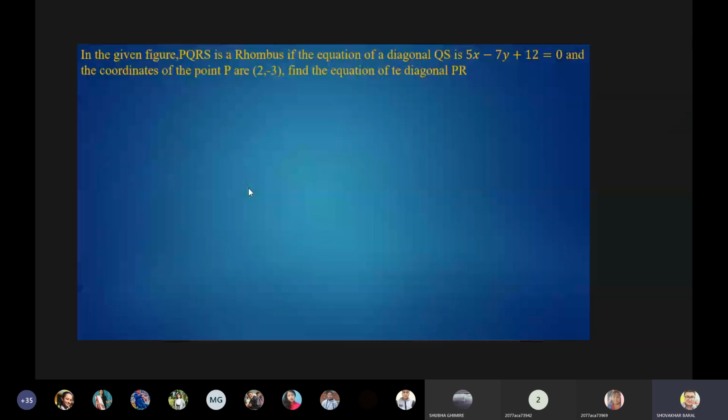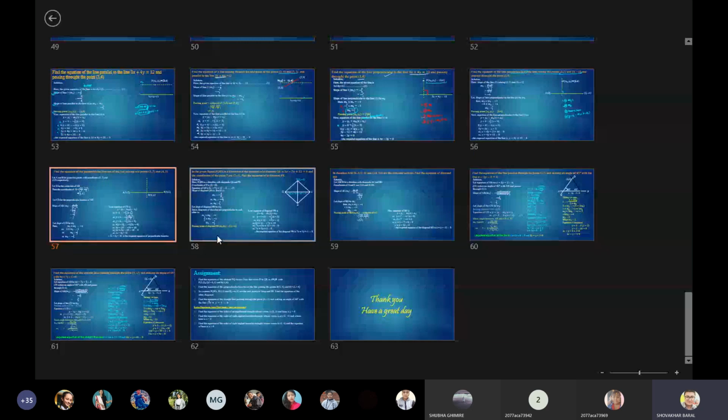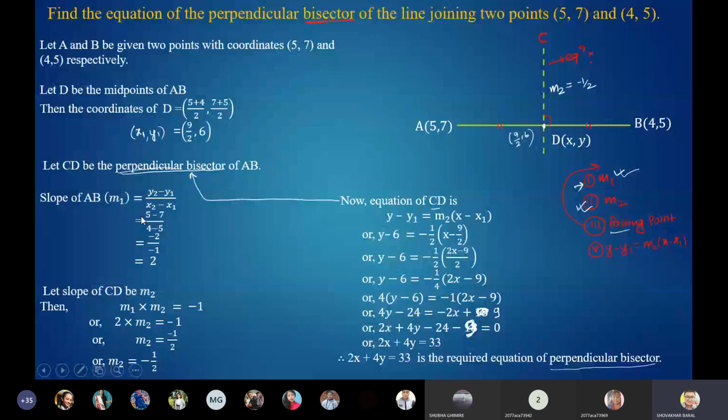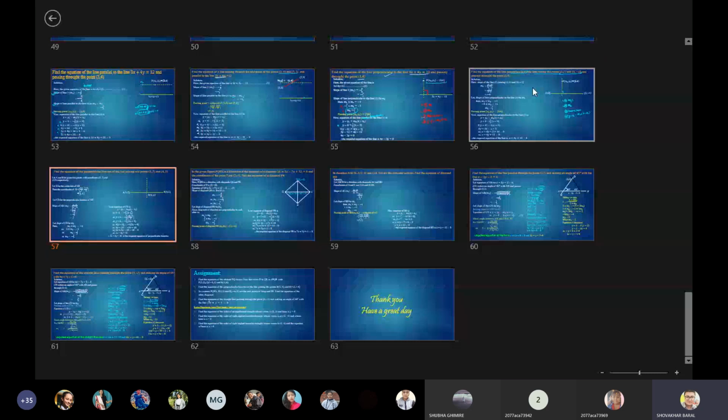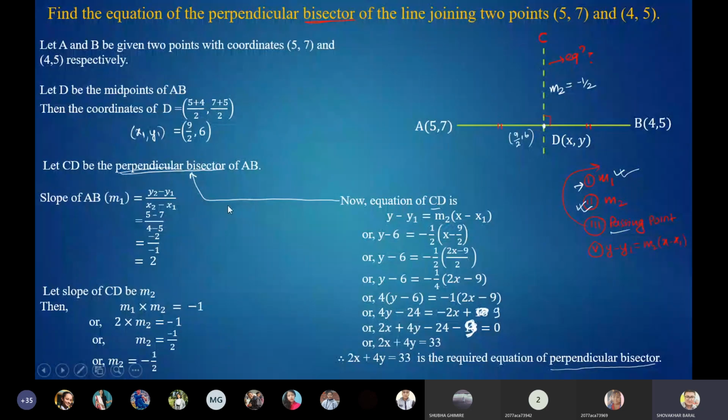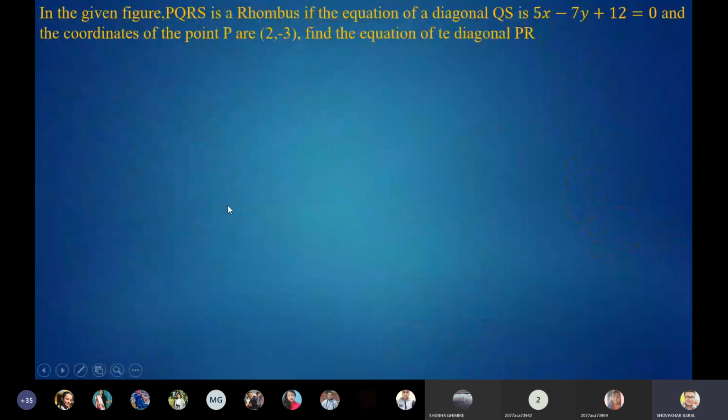Okay, before that, let's go to one question. Yeah, maybe we discuss this. Okay, write this question. In the given figure, PQRS is a rhombus. If the equation of diagonal QS is 5x minus 7y plus 12 equals 0, please copy it.